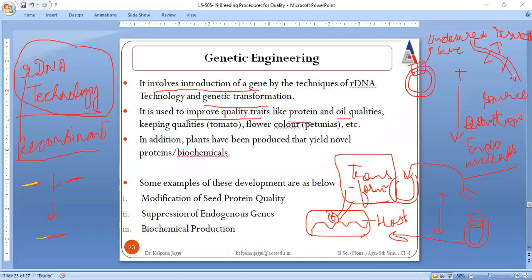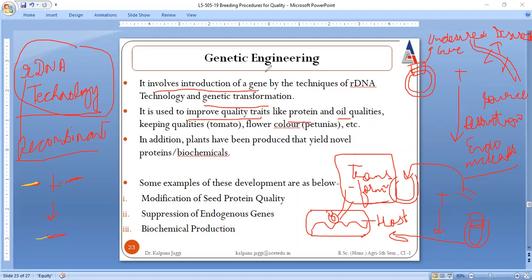Then we isolated a gene responsible for producing protein of good quality and inserted it into the vector, because it could not be directly transferred into the host. So we used a vector, a mediator, that in turn transferred the desired gene into the host. This is how genetic engineering can be used to improve quality traits like protein and oil qualities.